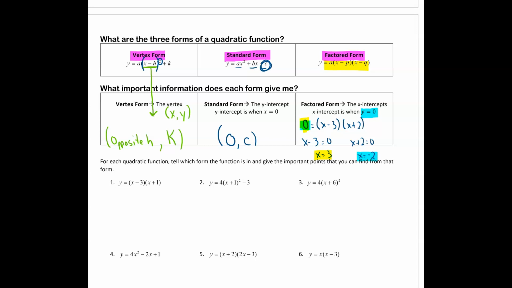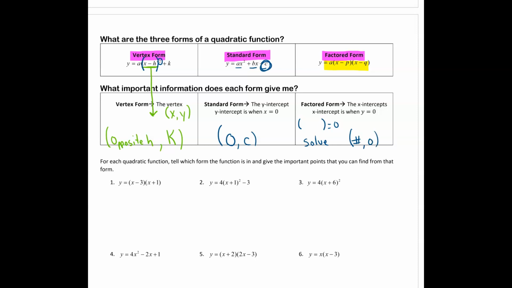What you should take away from these notes is that you want to set your parentheses equal to 0 and solve. Whatever that number is, it is going to be the x-intercept, along with your y-coordinate of 0.